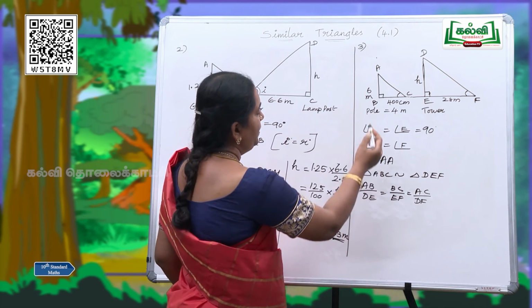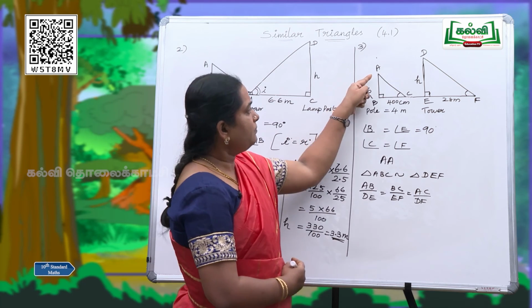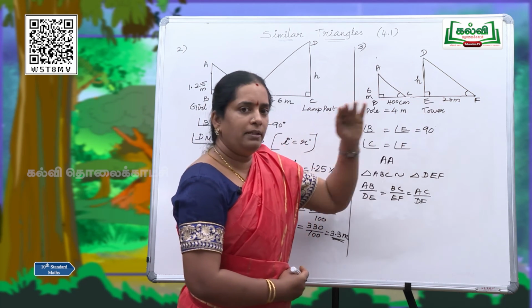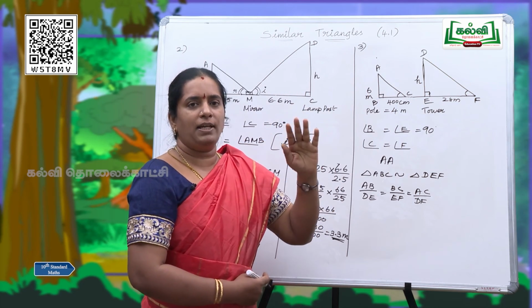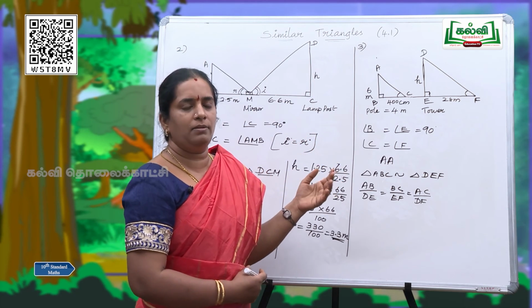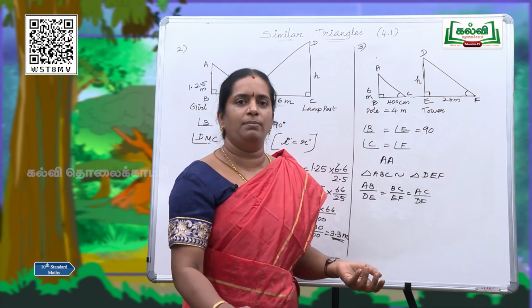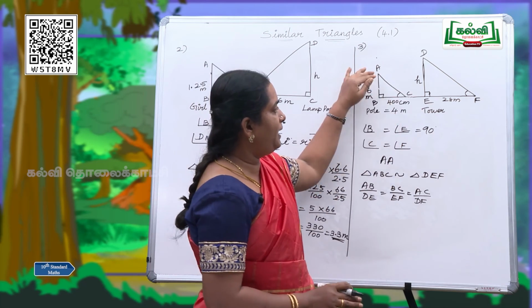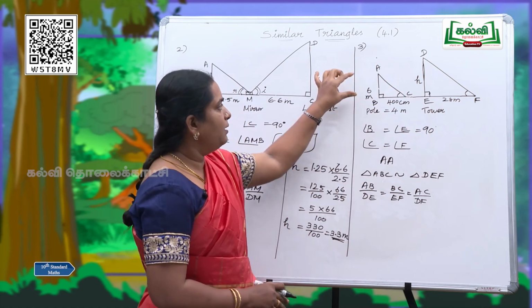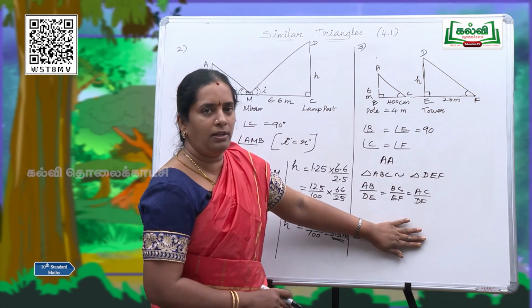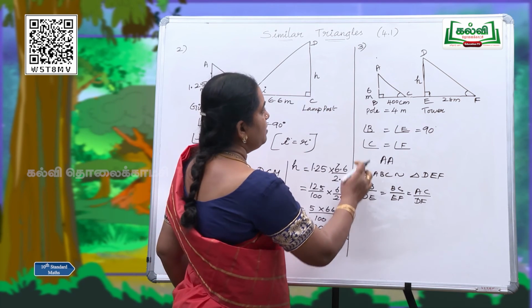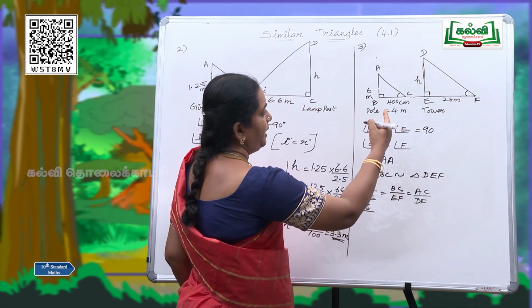So what is AB? AB is in general this hypotenuse. Here the line of sight will be of no measure, that is they will not give the measurement of line of sight. So we may leave the hypotenuse, but here it is good to write all the ratios and then represent. So what is AB? AB is 6 by DE.